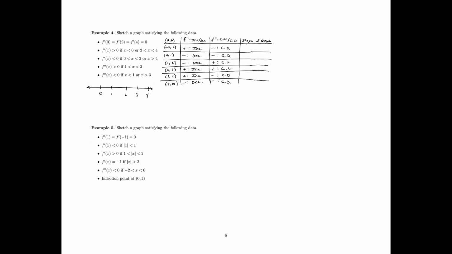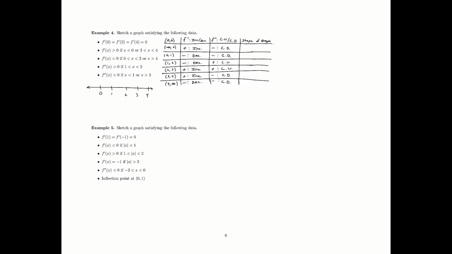Okay. What else are we told? Well, we are told that the first derivative exists at 0, 2, and 4, and they're equal to 0. So let's go ahead here.